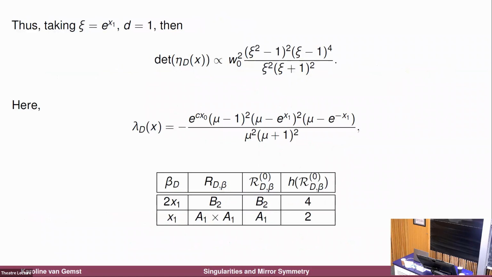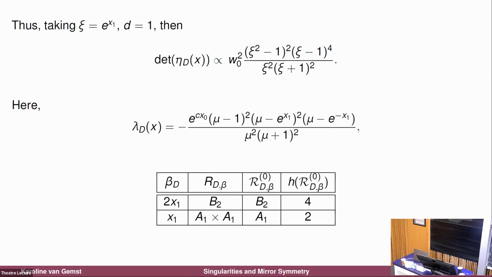So you can be a little clever. Well, it's not that much fun if you just say, fine, you set your coordinate to be e to the x1. Remember, this is a two-dimensional stratum, so d equals 1. Then you can rewrite your determinant to be proportional to that guy there.